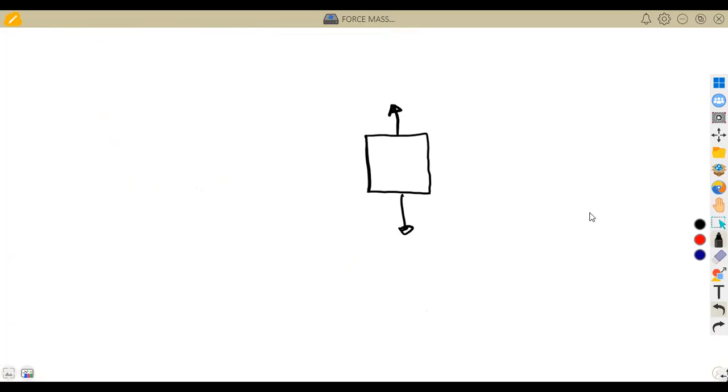So we are going to have either the force that is going up, or the equivalent of the force that is going down. We are saying we've got our force here, which is mass times the gravitational acceleration.